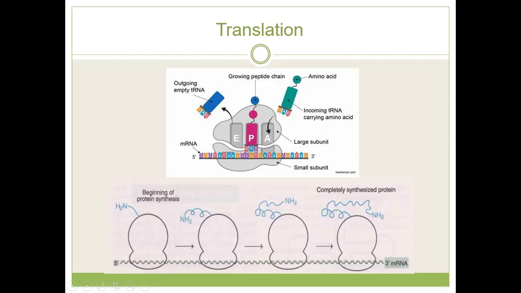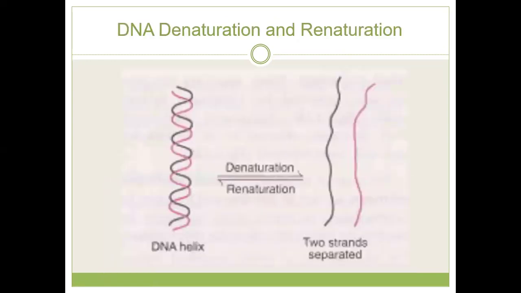This is basically translation. We say translation is the process through which the information on the messenger RNA is used to produce a protein. I already explained what is RNA denaturation. I say it is the process through which the RNA will lose the double helix, and at the same time the double strand will become a single strand, or will be separated to form a single strand.